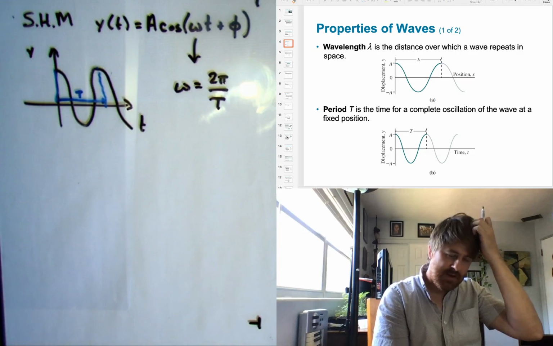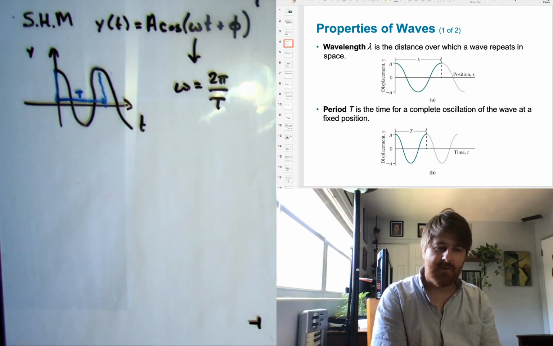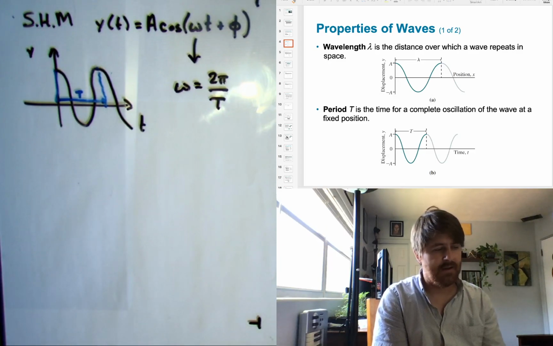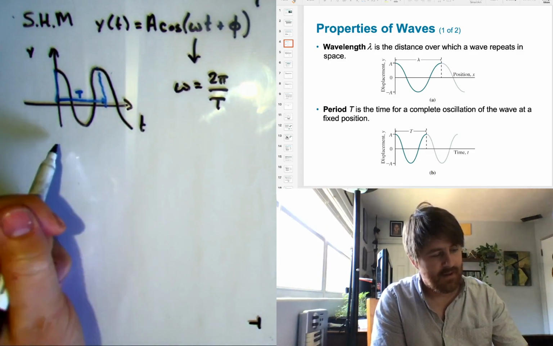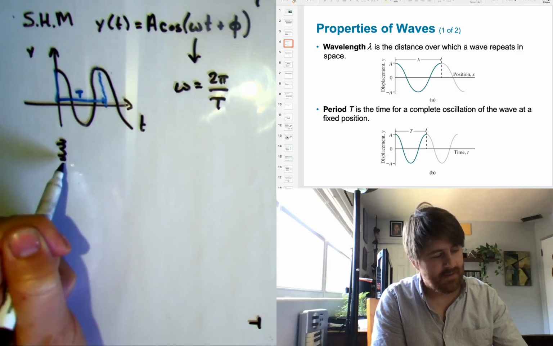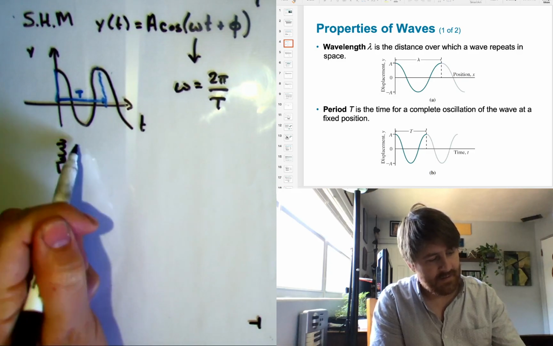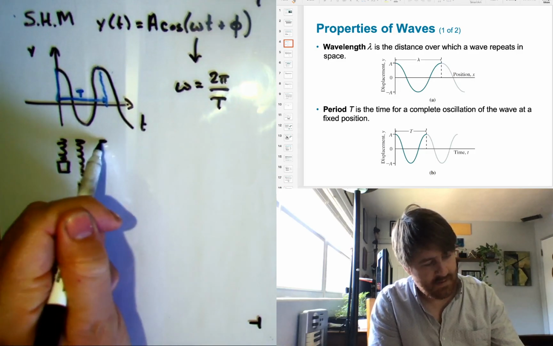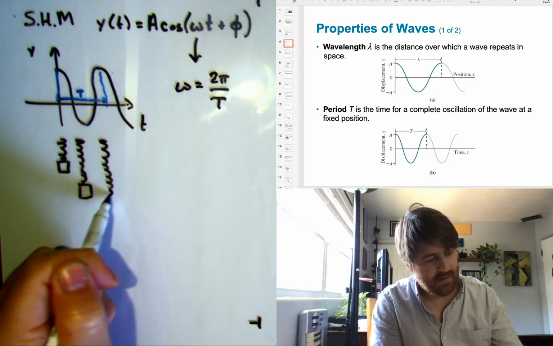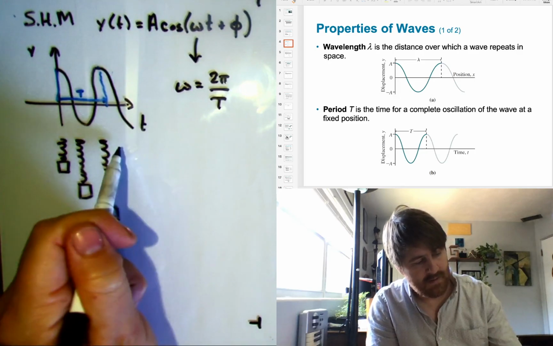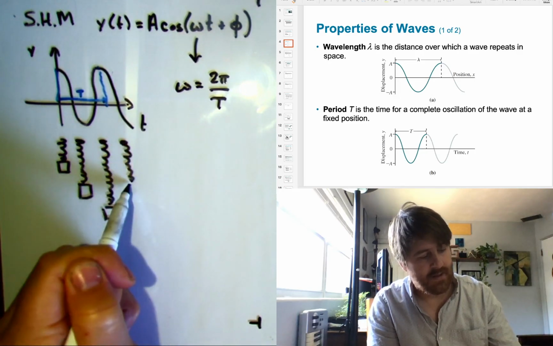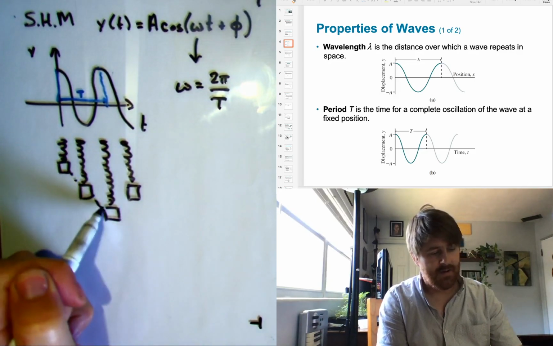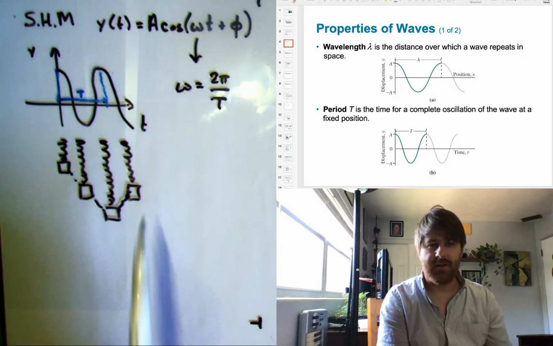Okay, so let's now look at a wave as a bunch of independent simple harmonic oscillators. You can think about this as maybe I have a bunch of masses on springs, and they're all oscillating up and down but they're all out of phase from each other.